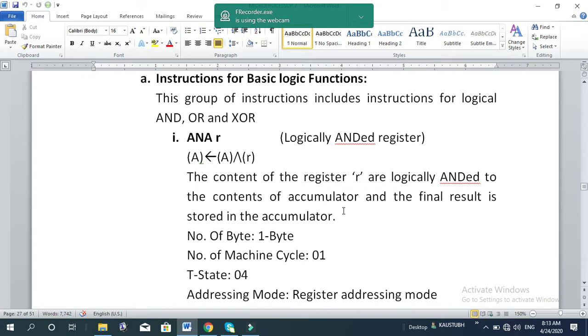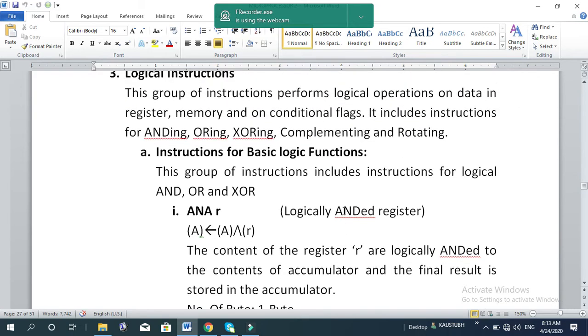Say for example ANDing: to do the ANDing you need to have at least two data, and out of the two data or operands, one of the operands must be there in the accumulator already, as was the case for addition or subtraction instructions as well. So one of the data must be placed in the accumulator, and the second data can be in the memory or a register or immediate after the instruction.